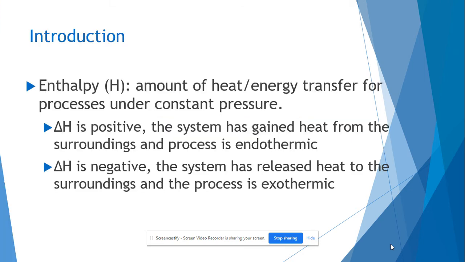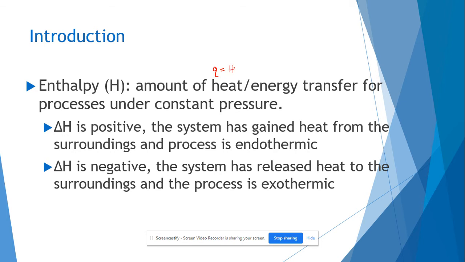So, as a little bit of introduction, we've talked about enthalpy, again, that's denoted by the letter H, as the heat or energy transfer for things that are generally under constant pressure. And a lot of people are like, well, Mrs. Grove, stands for Q. But when things are under constant pressure, Q is usually equal to your H value.